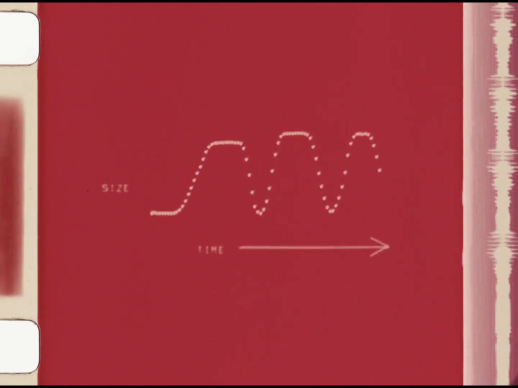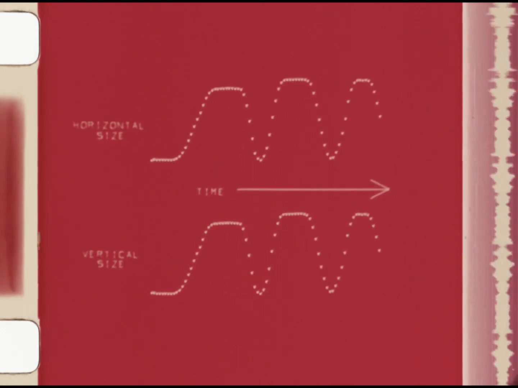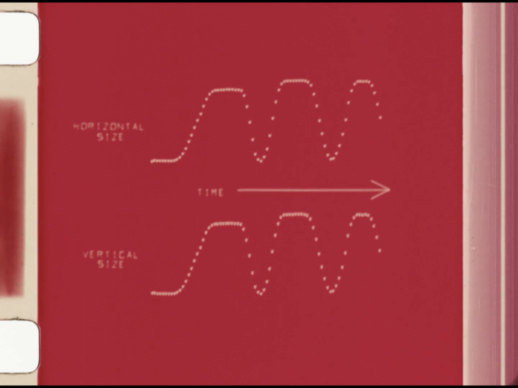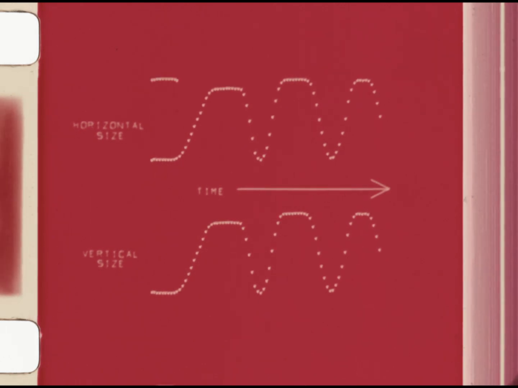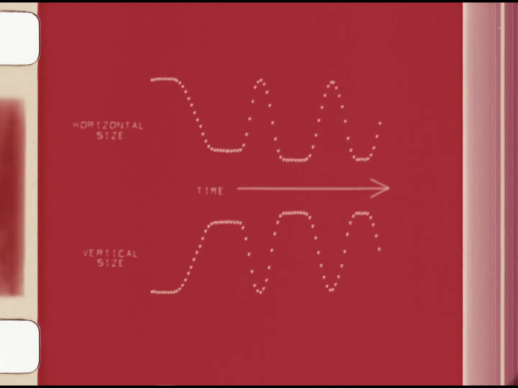Let's separate the horizontal and vertical coordinates of our P-curve. They're identical, obviously, for simple size change. But we don't have to change the size of these coordinates in phase. We can throw them out of phase, say, height increasing as width decreases, and vice versa. We can apply this to any image.